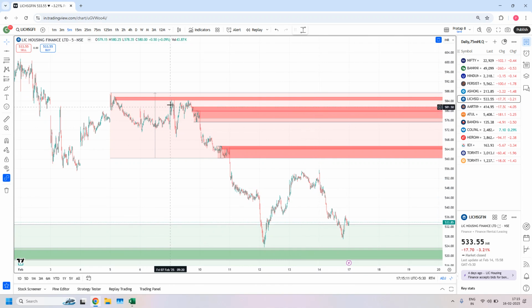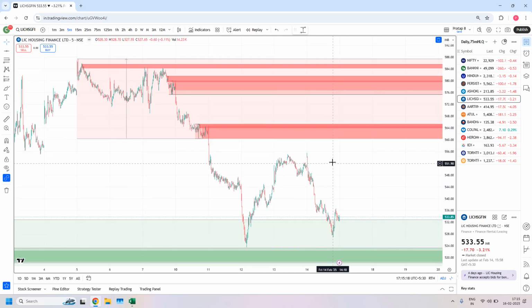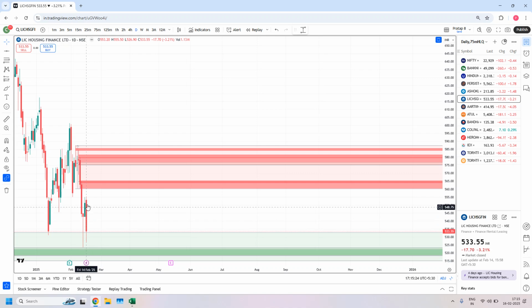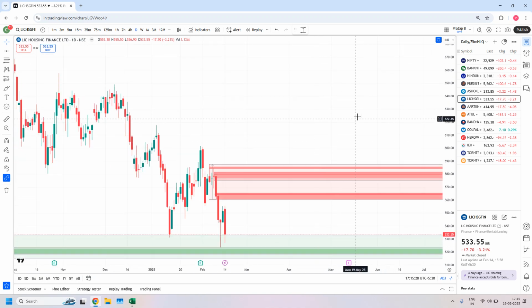Because the entire 75 minute zone order flows are picked up from here and then moved down. But anyway, today price did not enter into this zone. So this is today's candle. So we didn't get any trade opportunity on this stock.